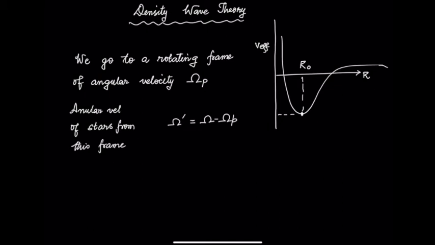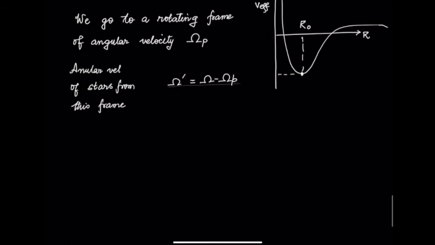Omega is the actual angular velocity of the star. This omega is a function of r, of course. It is different at different radius. I go to a certain reference frame which is rotating with a certain angular velocity omega p, so I see all the stars around me rotating with omega, the actual angular velocity of the star, minus omega p.